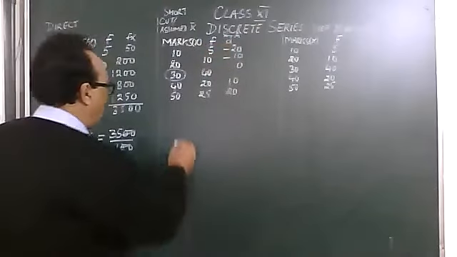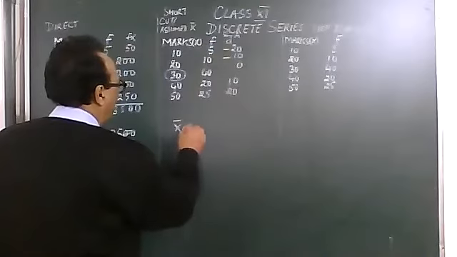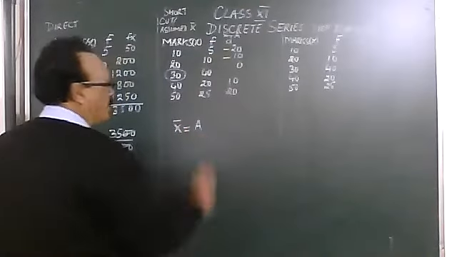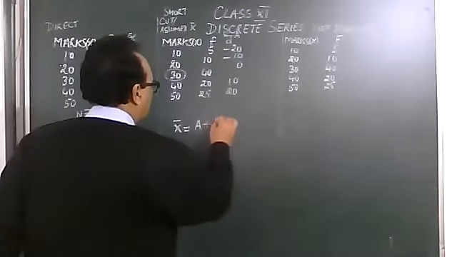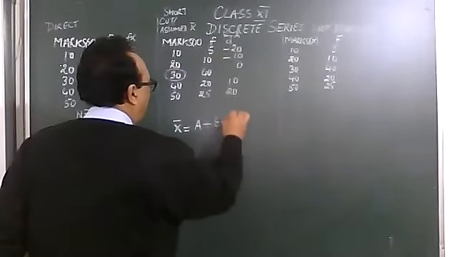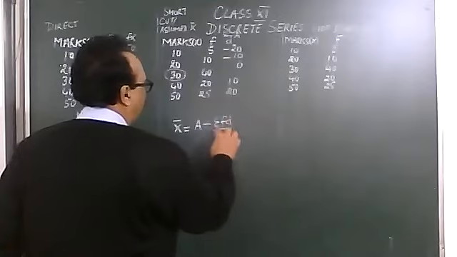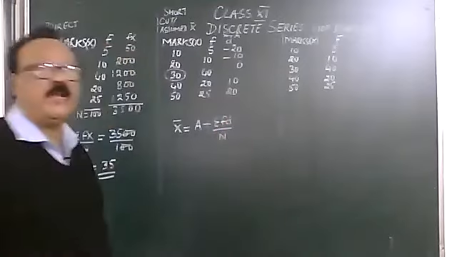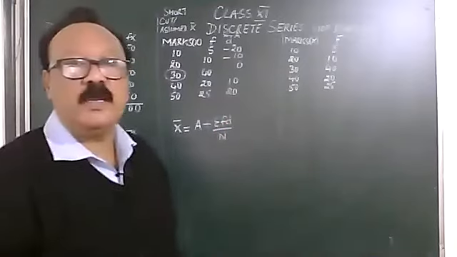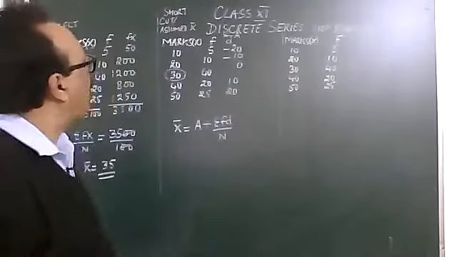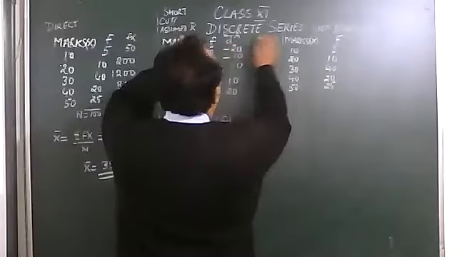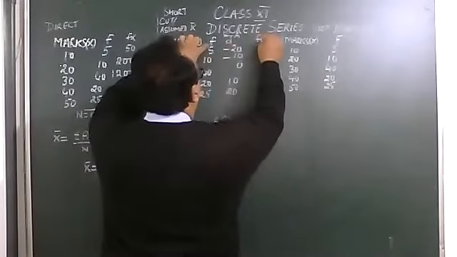Now the formula in assumed mean will be assumed mean, like in the individual series, plus sigma fd upon n. Yesterday it was sigma d for individual. Here we are using a frequency, so it becomes sigma fd upon n. So we need to multiply f with d here to get fd.